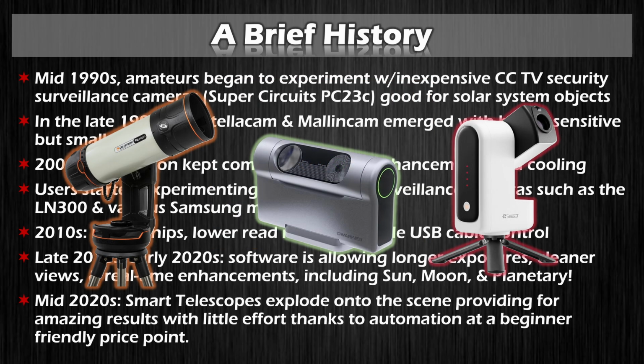And now in the mid-2020s, we've got smart scopes. They've exploded onto the scene, providing some amazing results with very, very little effort. And thanks to their automation and frankly, very inexpensive price tag, these are incredibly beginner friendly.